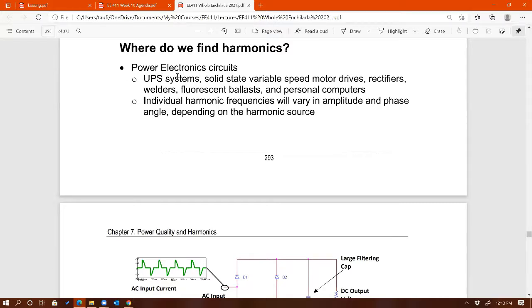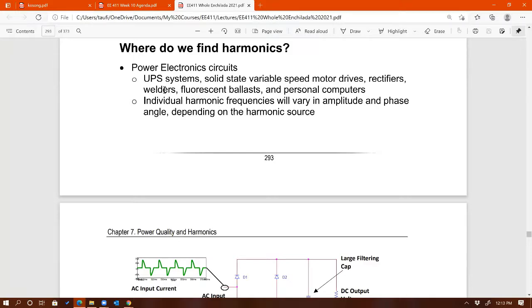So the main thing that power electronics inherently has, because it's switching internally, is that it produces waveforms, currents or voltages, that contain harmonics.